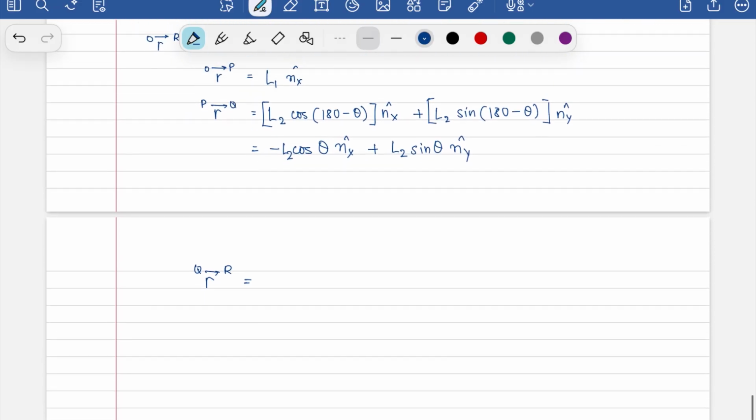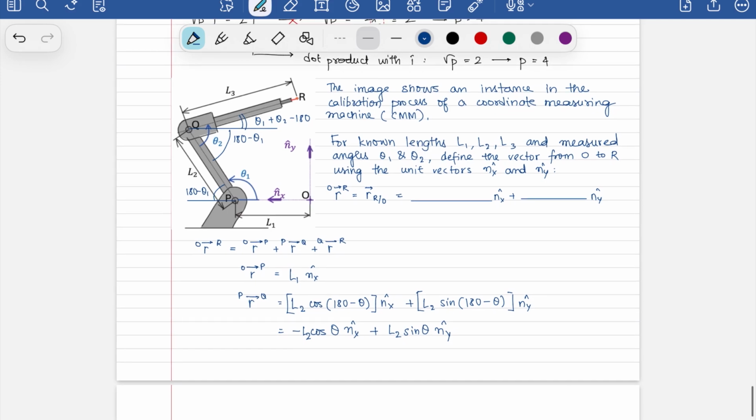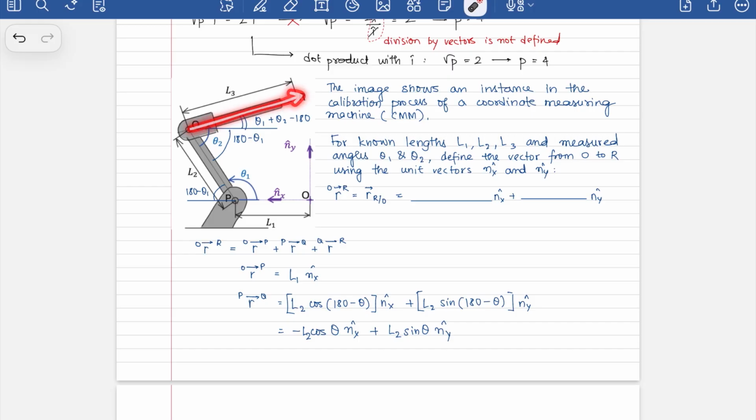Okay, so I'm now going to try to write that down. It is L3 cos of the angle that I just defined. This is along the minus x hat direction, right? We're going in this direction, which is opposed to this.